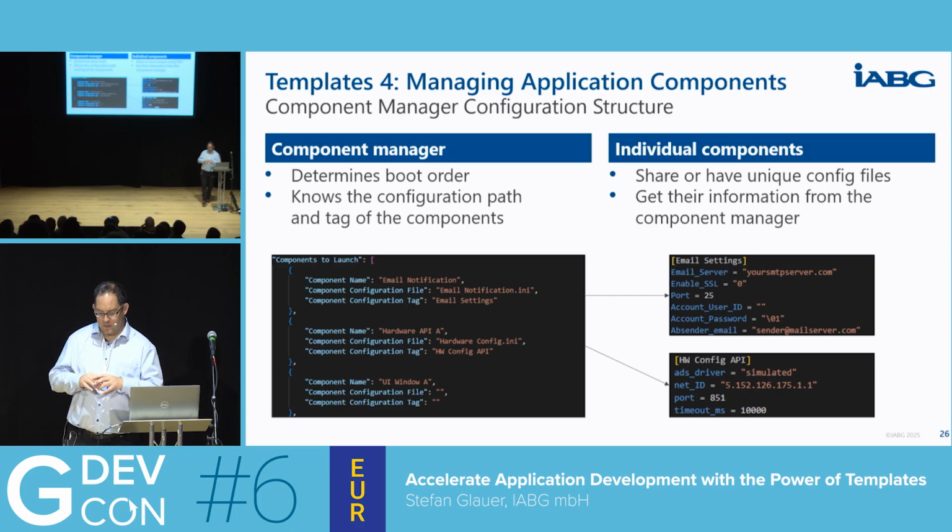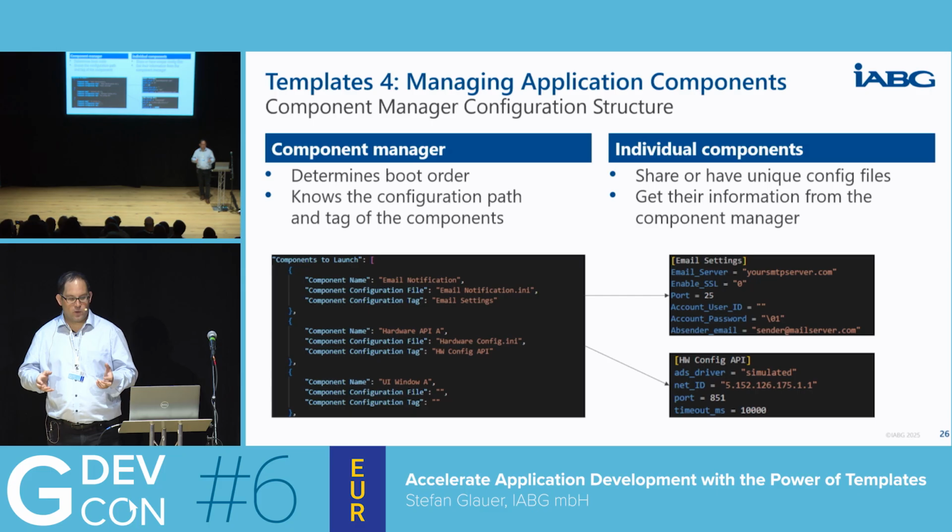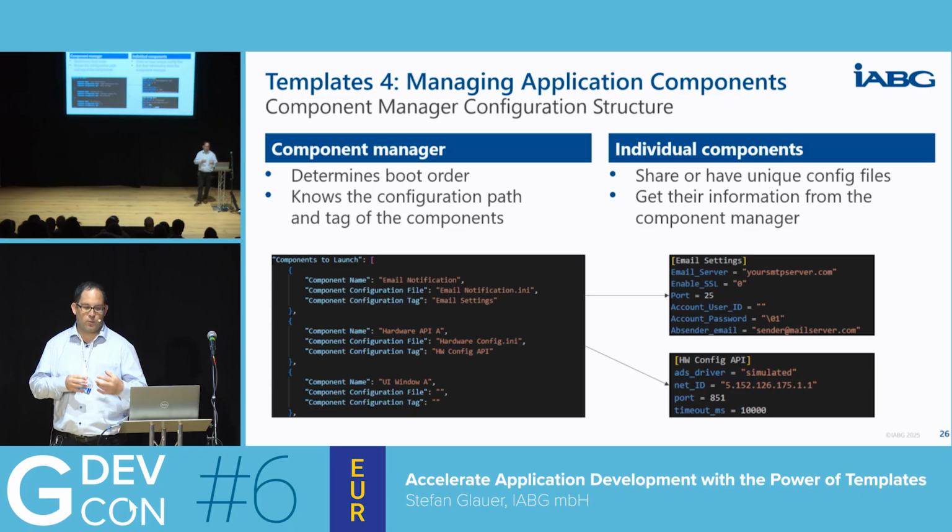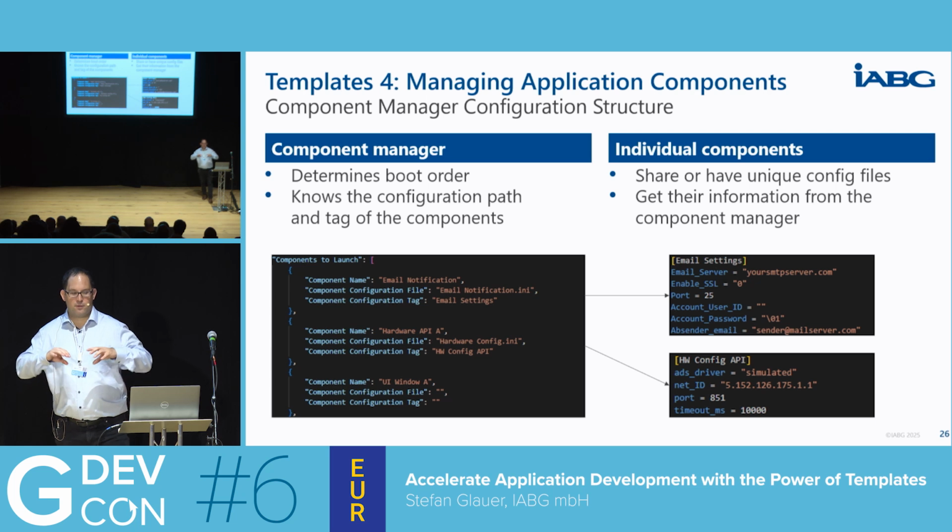And also it has a path to a configuration file and a tag, what configuration the individual component should use. And the individual components can share a configuration file with different tags or have a unique one, and then they can set up themselves.